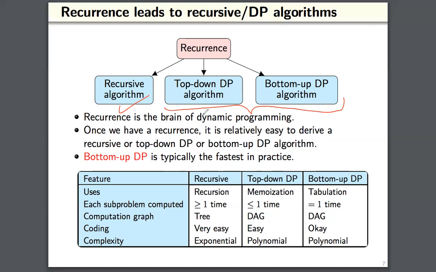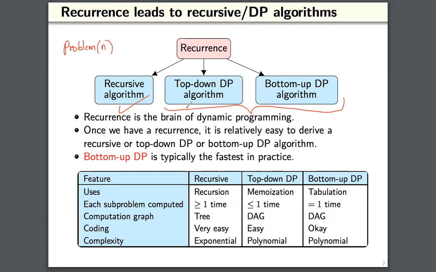We will not look at top-down DP, okay? So top-down DP means your call will start from the top level, say problem of n, and you compute the solutions to subproblems whenever required.